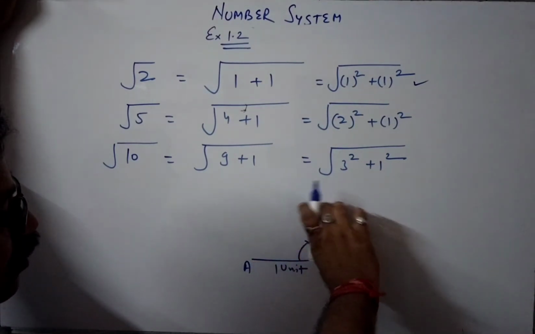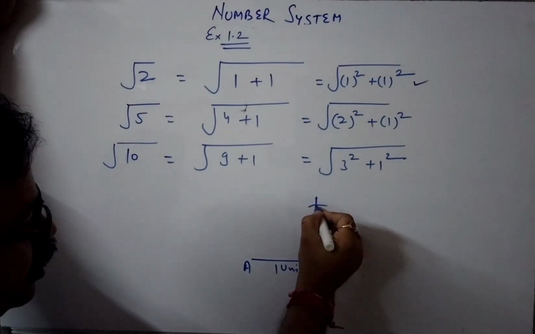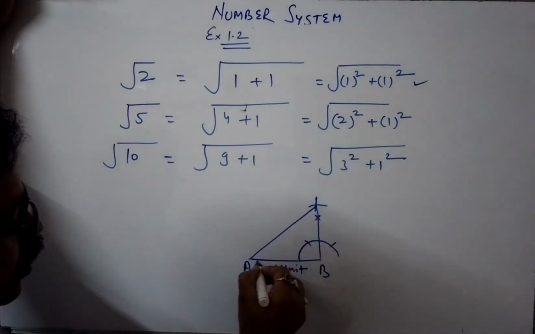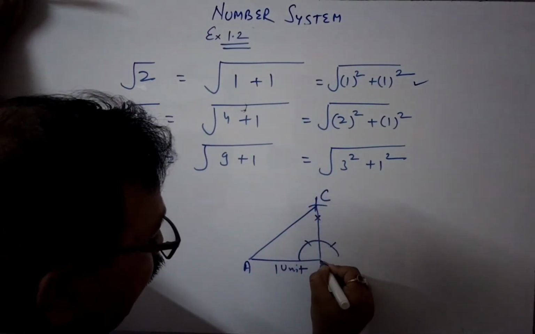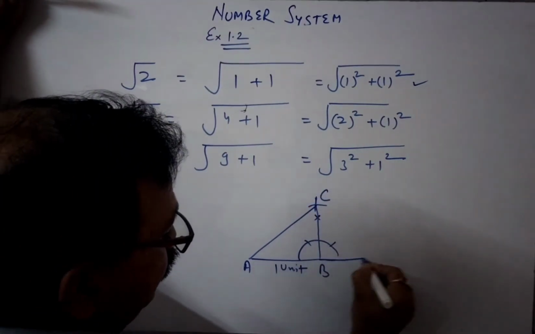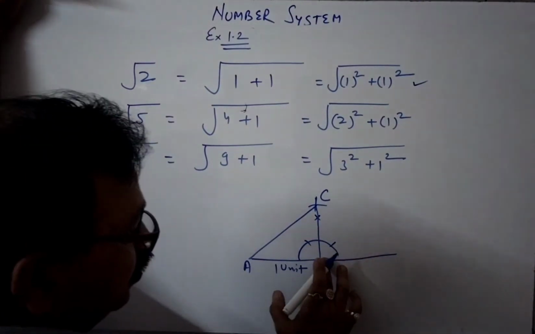Again cut an arc of 1 unit this way and join them by A. This is point C. Extend AB on either side, from A to B, in this way.